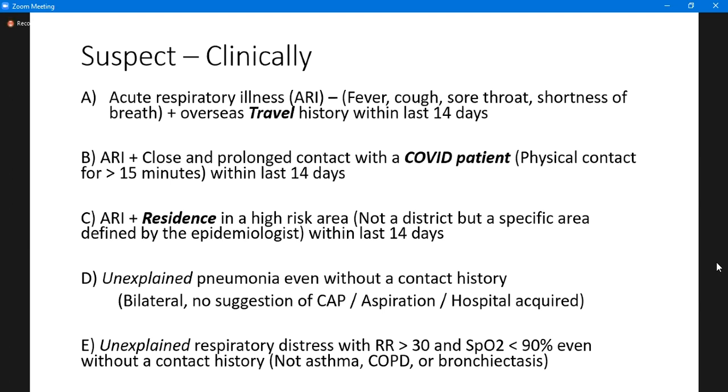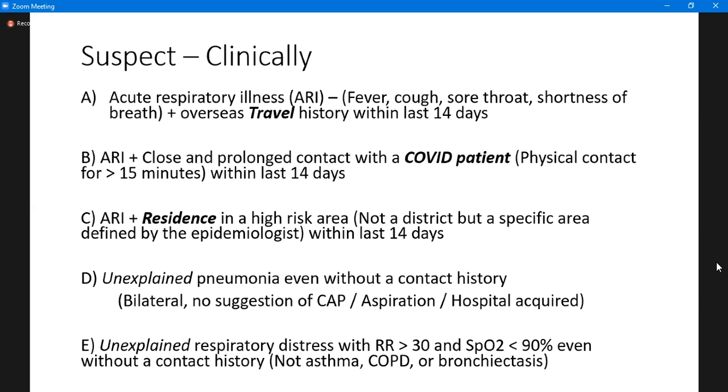Again, coming to criteria D, I told you. Now, if you look at the X-rays, Professor Bodhinayaka gave you detailed descriptions of what the X-ray changes will be. But what is important to remember is, in a COVID pneumonia, it is usually a bilateral pneumonia. COVID patients don't usually get unilateral lobar pneumonias.